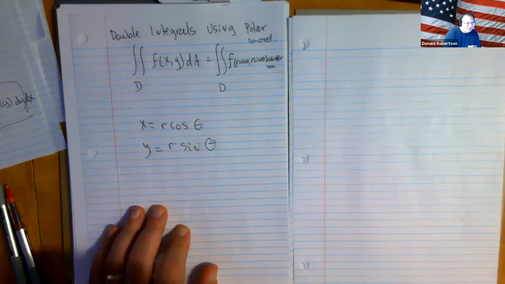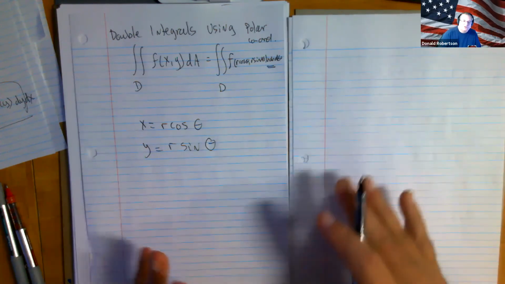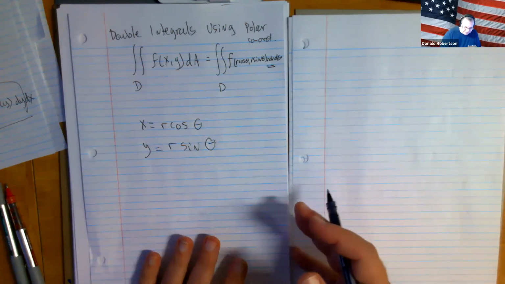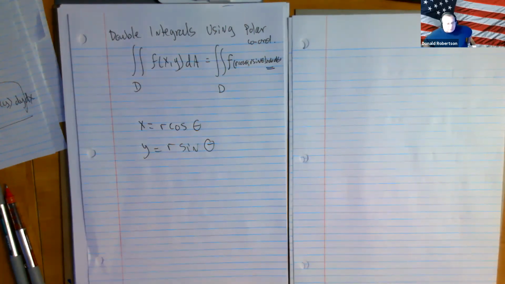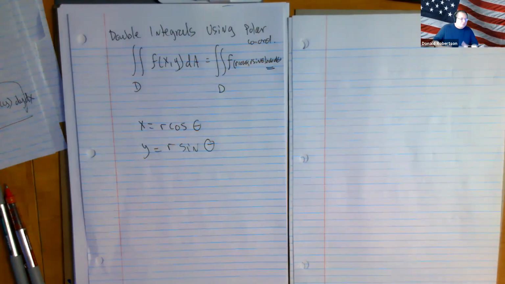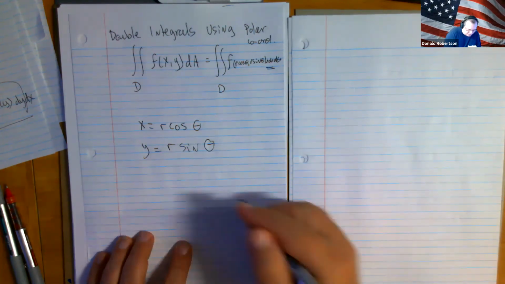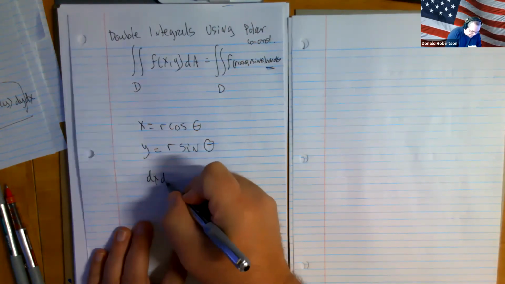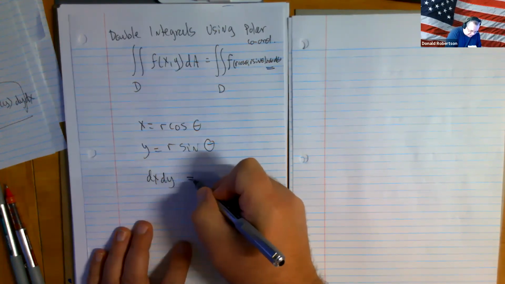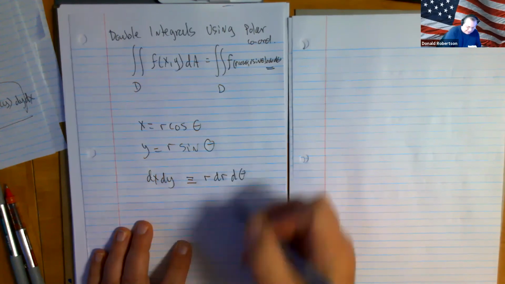It's r dr d theta, and that's just what needs to be done. It comes about from a thing called a Jacobian, which you'll learn about later, and so you'll find out later why that works. But right now, you are just going to remember that the dx dy gets replaced by that guy.